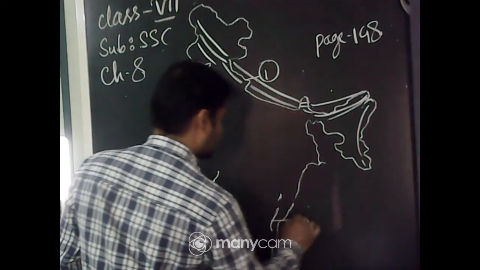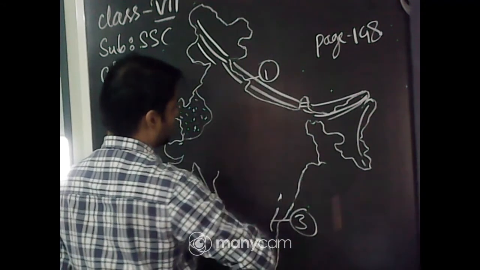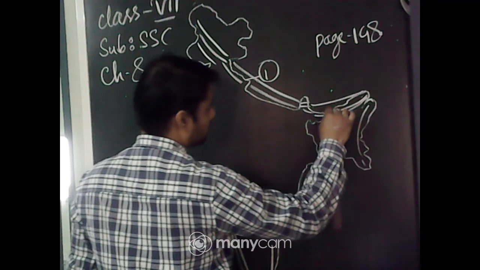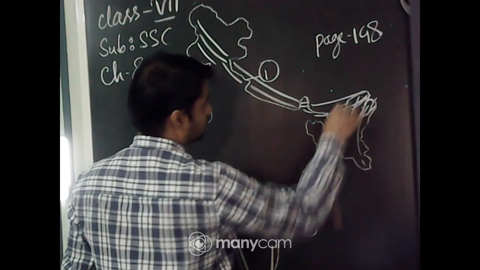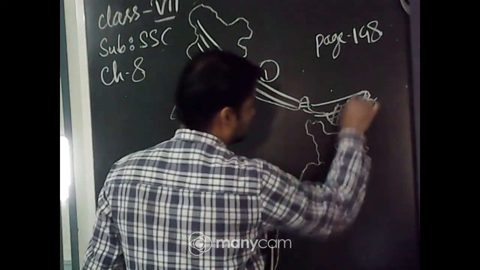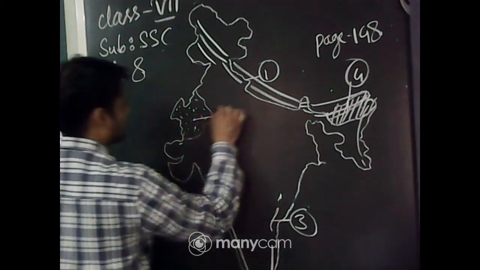We will make an index later, that is why I am mentioning 1, 2, 3. Another one is Arunachal Pradesh. Arunachal Pradesh is a state, it is also in the Himalayas, it is number 4 and the number 5.